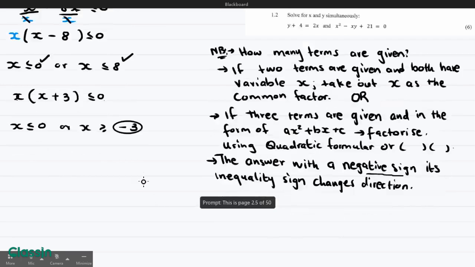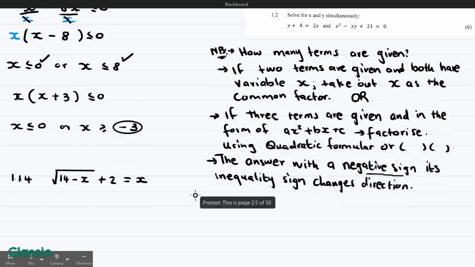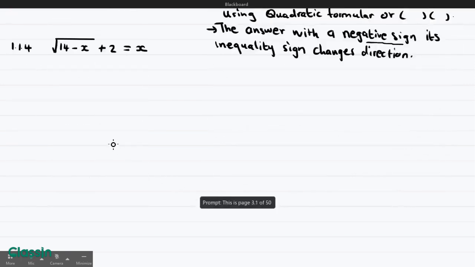Now let's look at again 1.1.4, which is 14 minus x plus 2 equals to x. So every time, let me write it in blue.